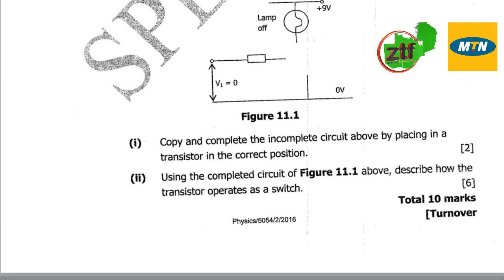So when we look at that, we see that it is in this way roughly. We have plus 9 volts there, and we have this going through the bulb.